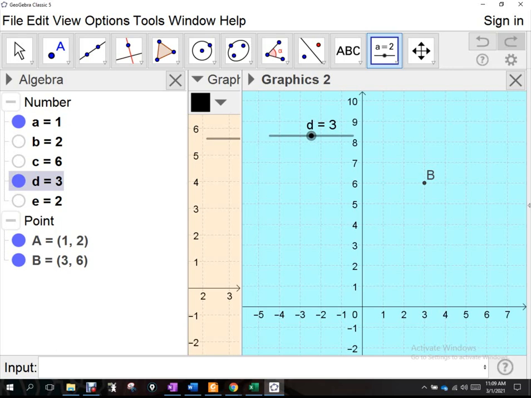As I divide by values that are approaching 3 from the right-hand side, like 3.1, 3.01, 3.001, that quotient is approaching 2. So because they're approaching the same 2, we can say that 6 divided by 3 is 2. Does that make sense?